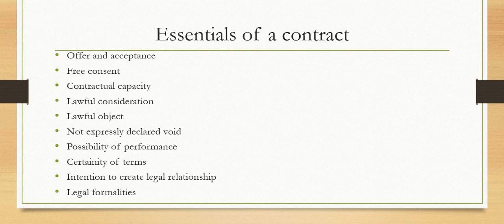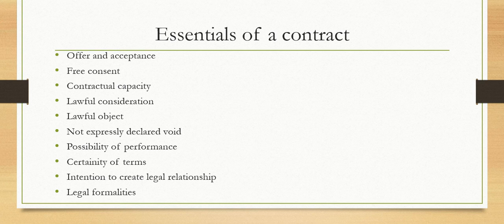The next one is not expressly declared void. An agreement must not have been expressly declared to be void under any law. For example, a void contract is one which cannot be enforced for the subsequent times. It may be enforced for the first time but not for the subsequent times.